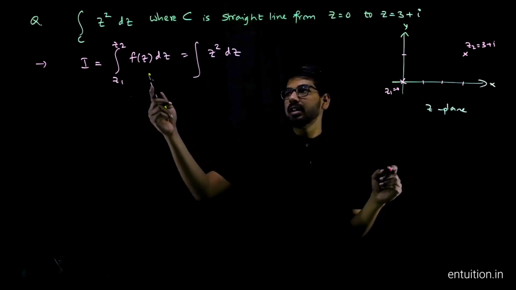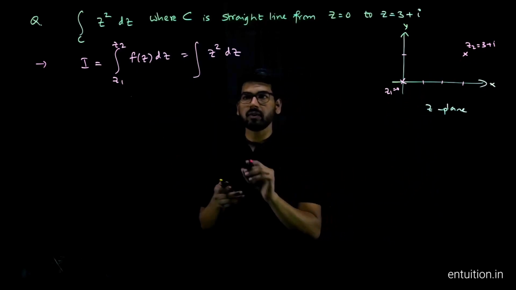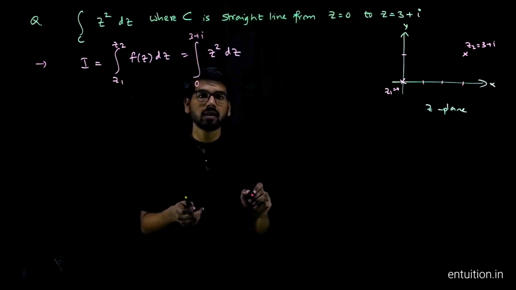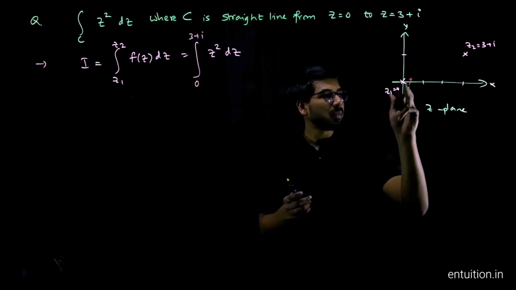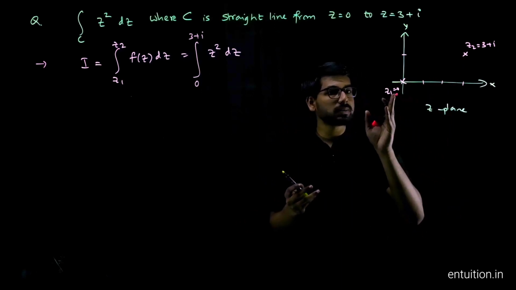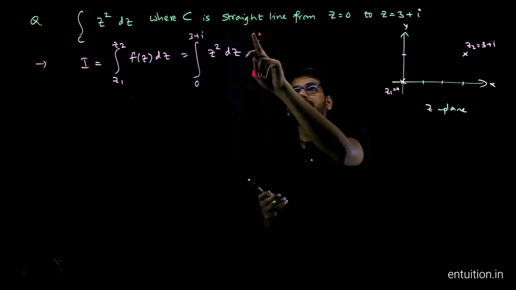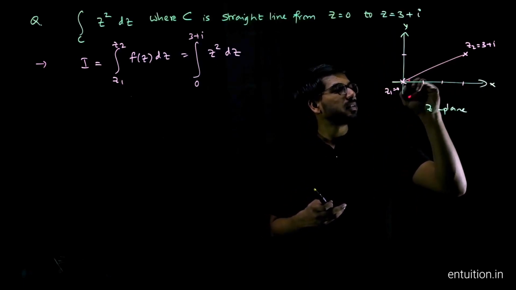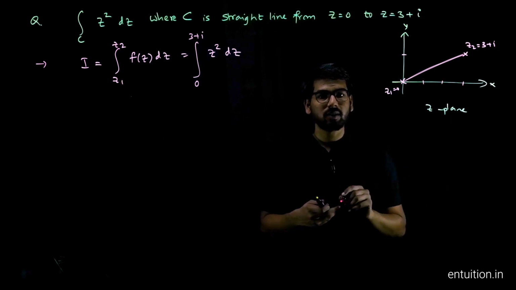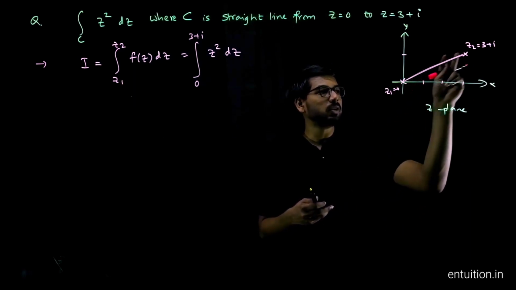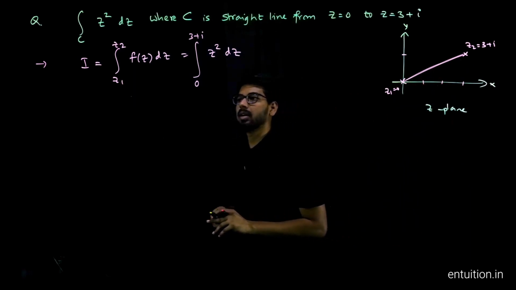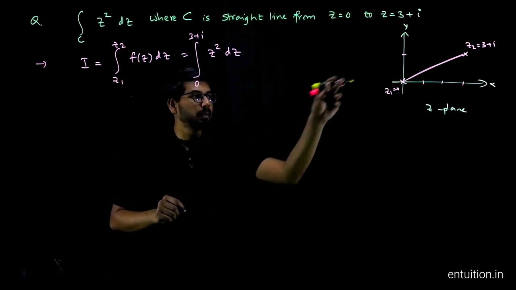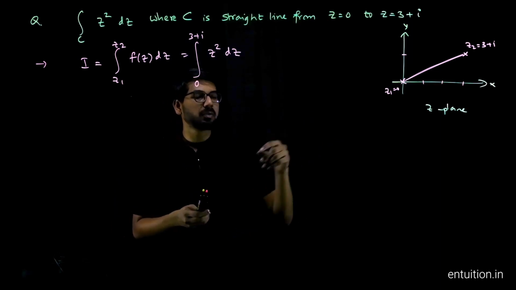So we are integrating from z1 to z2, that is from 0 to 3 plus i, from here to here, but in which path exactly? The path is the straight line between these two points. So C tells us z1, z2, and the path we are taking. Why we need that path specifically, we will see.